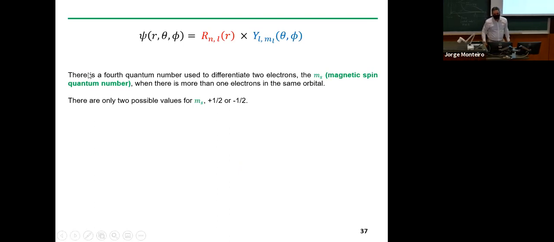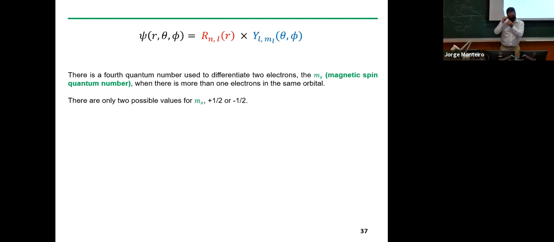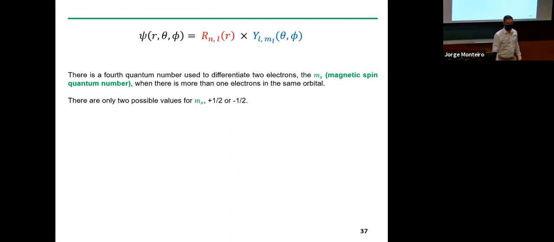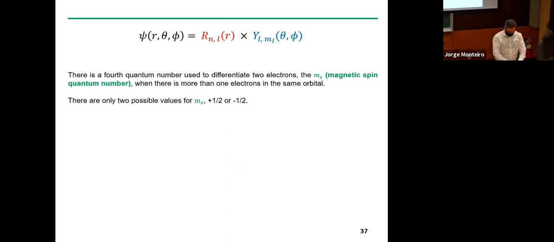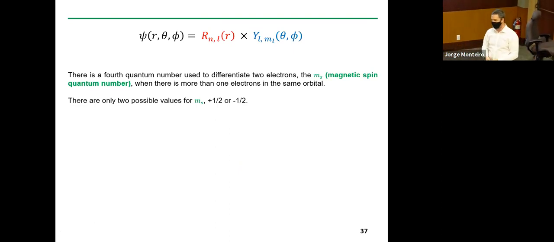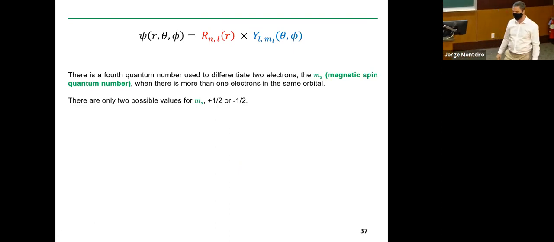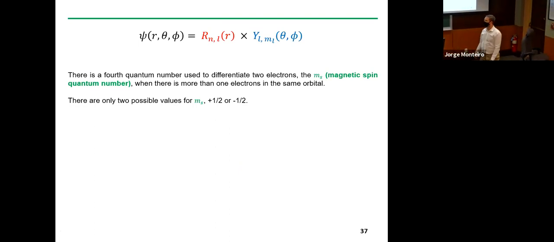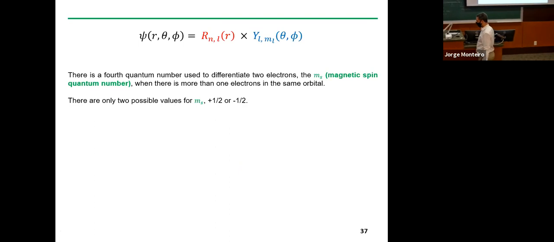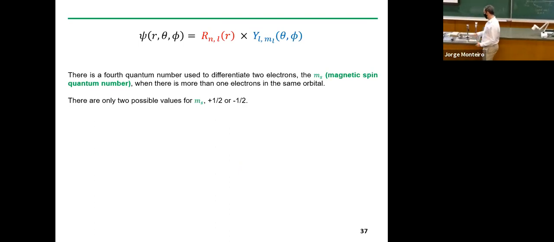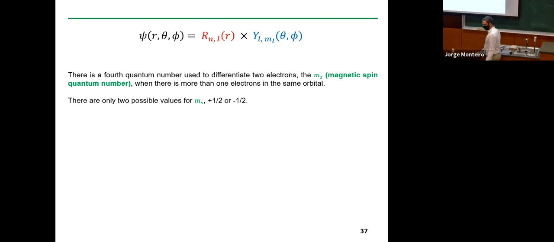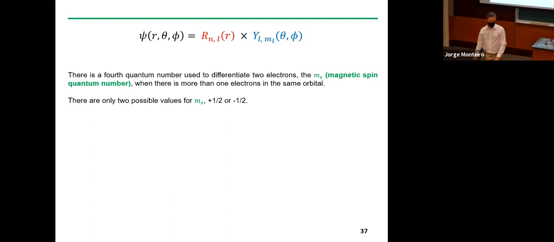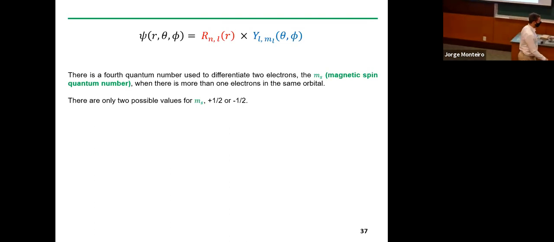There is a fourth quantum number used to differentiate two electrons, the magnetic spin quantum number, ms. There are only two possibilities, plus 1/2 and minus 1/2.